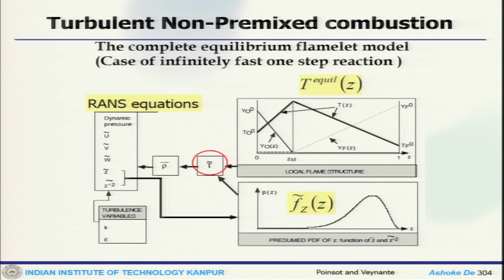Now, this is a situation where fuel plus oxidizer goes to product, an infinitely fast one step reaction. So, if we complete the equilibrium flamelet model, this is what we solve: the mean flow field along with the turbulence information.